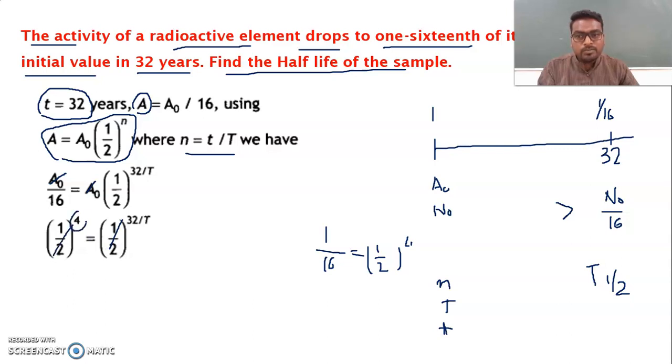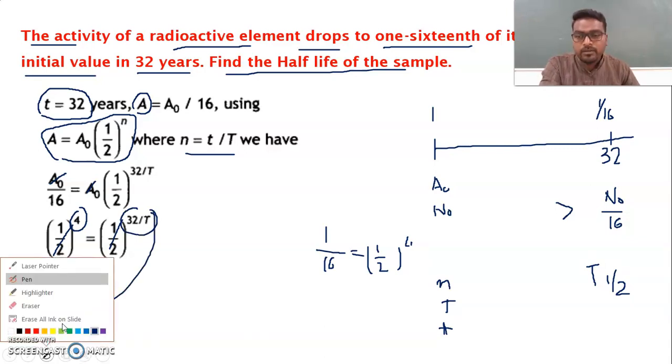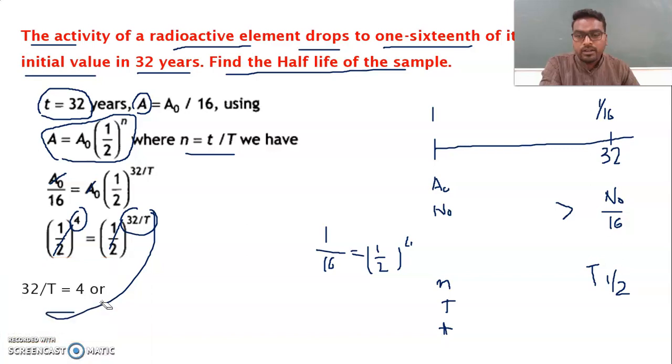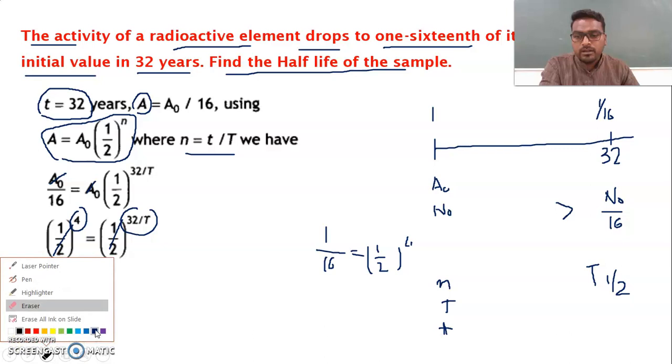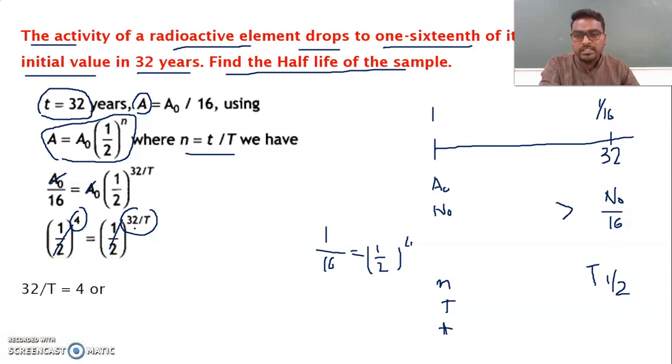Then we can equate the powers. If you equate the powers, you will get 32 divided by T is equal to 4.